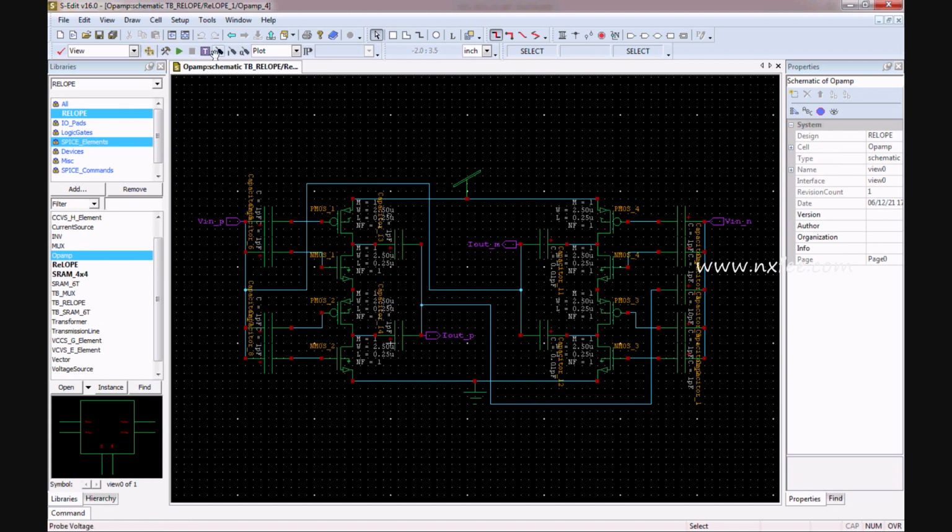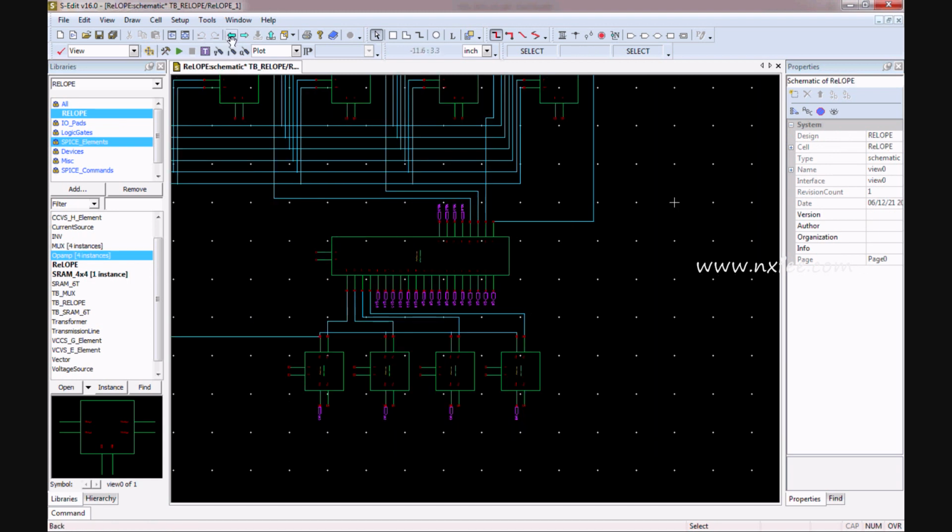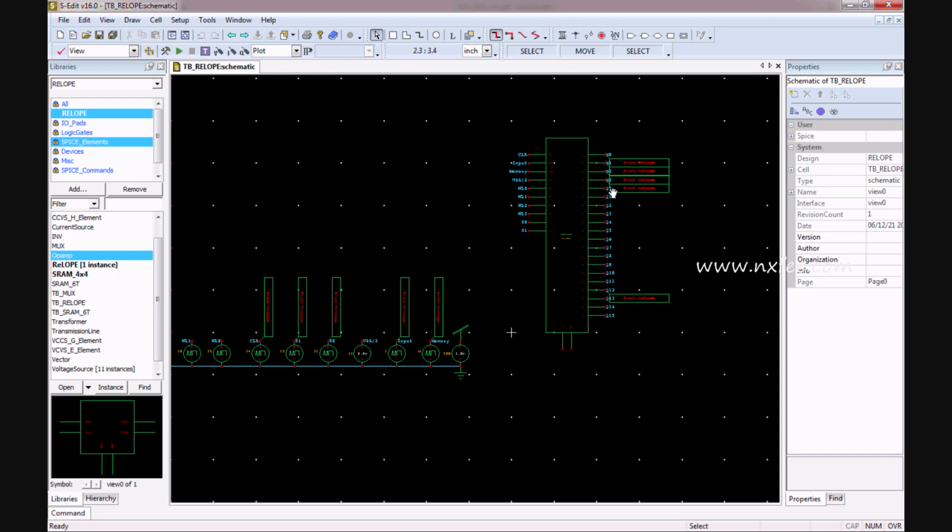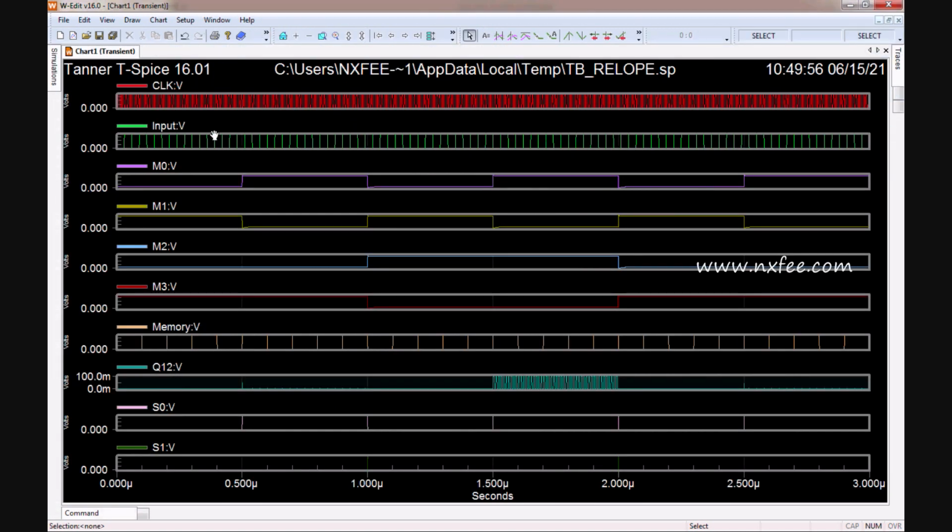This is the operational amplifier circuit, and we have taken the operational amplifier output here and checked it in the simulation process. Here you can check the clock input, and M0, M1, M2, M3, which are the outputs, and the memory input, Q bitwise output, and the selection process S0 and S1.